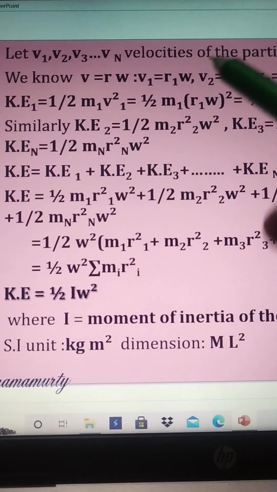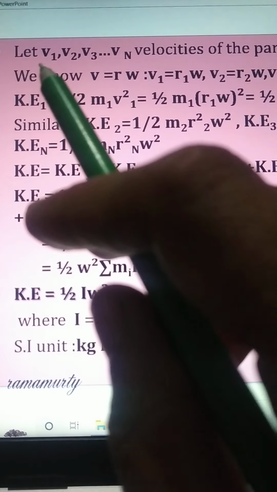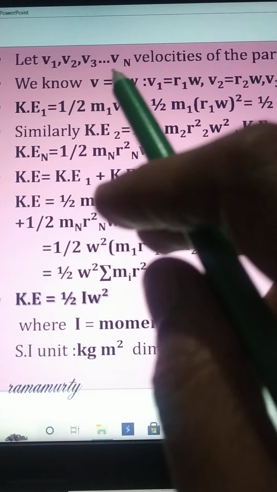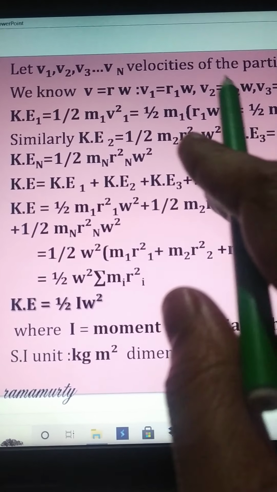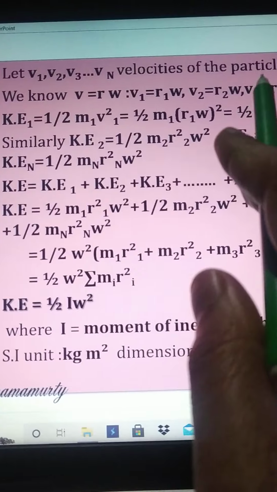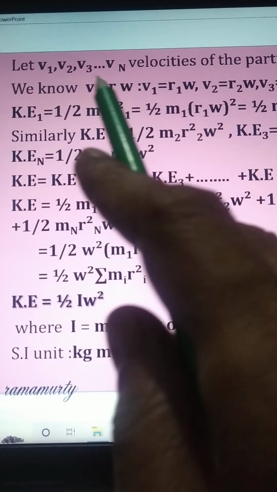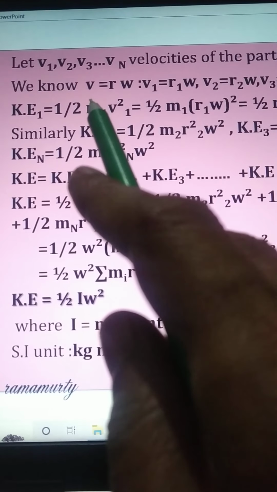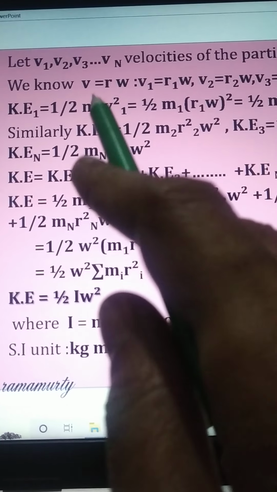Now first find the linear velocity. Let v1, v2, v3 up to vn be the velocities of the particles. We know the relation between linear velocity and angular velocity: v is equal to r omega.